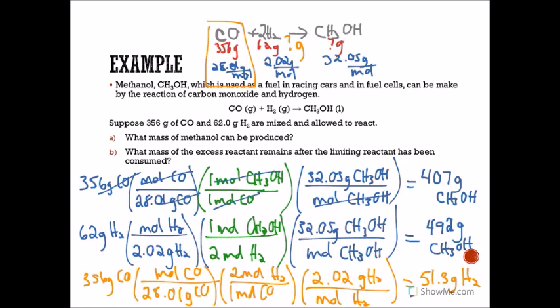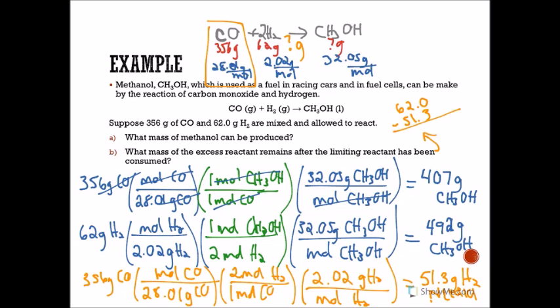So 62.0 minus 51.3. This is how much is needed, and we actually have 62 grams.